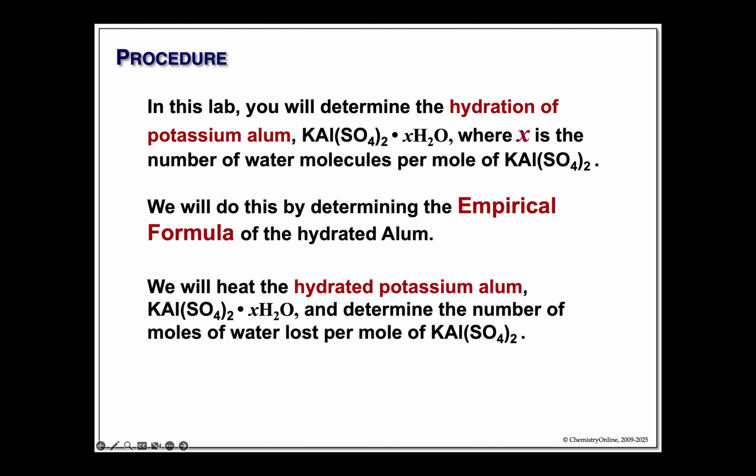When we do, the water will be driven off. We will determine the mass of the anhydrous form. From that, we'll figure out how many moles of water went off, how many moles you have, and you've got the empirical formula. Kind of a simple, straightforward lab. Most people do very well with it. Any questions?